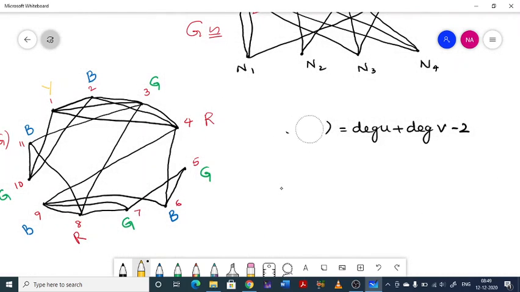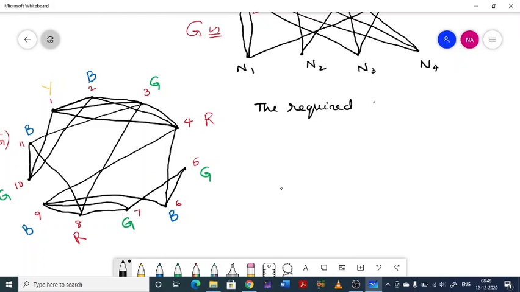So the required timetable is, you have to write the colors. Green, red, blue, yellow.